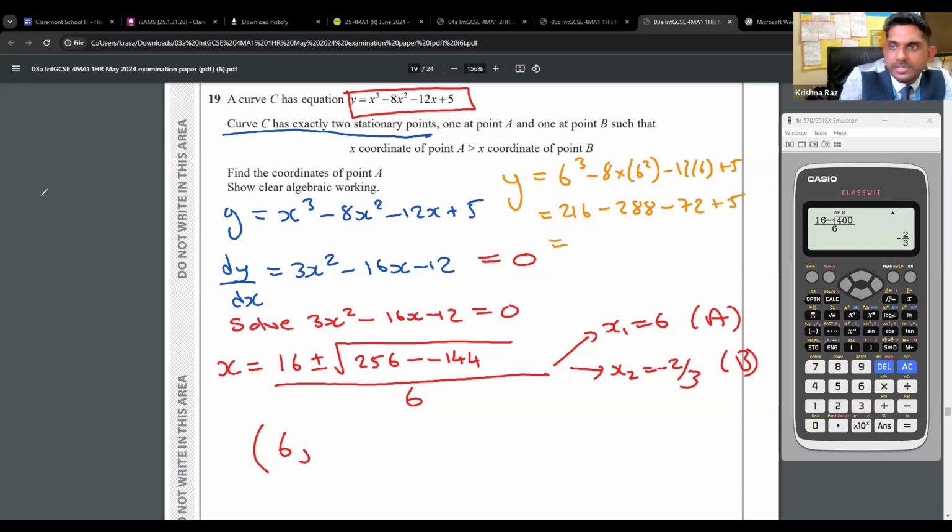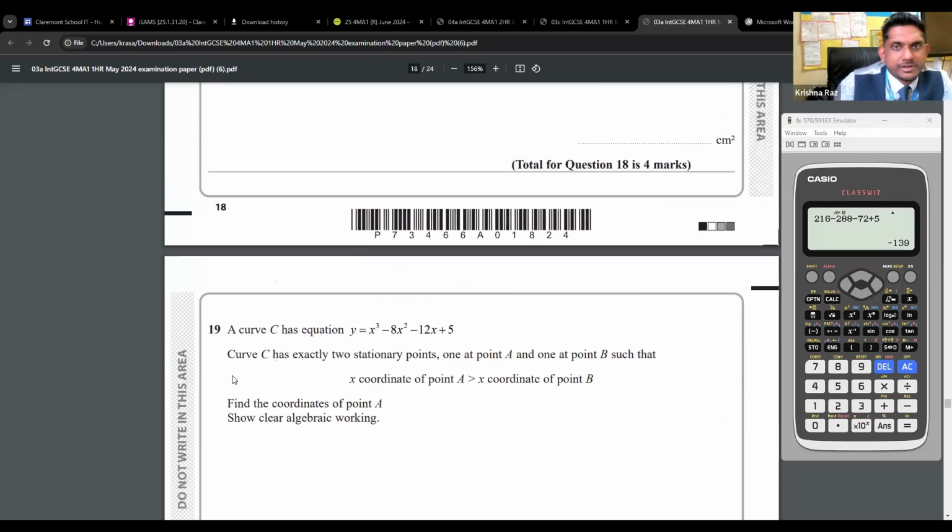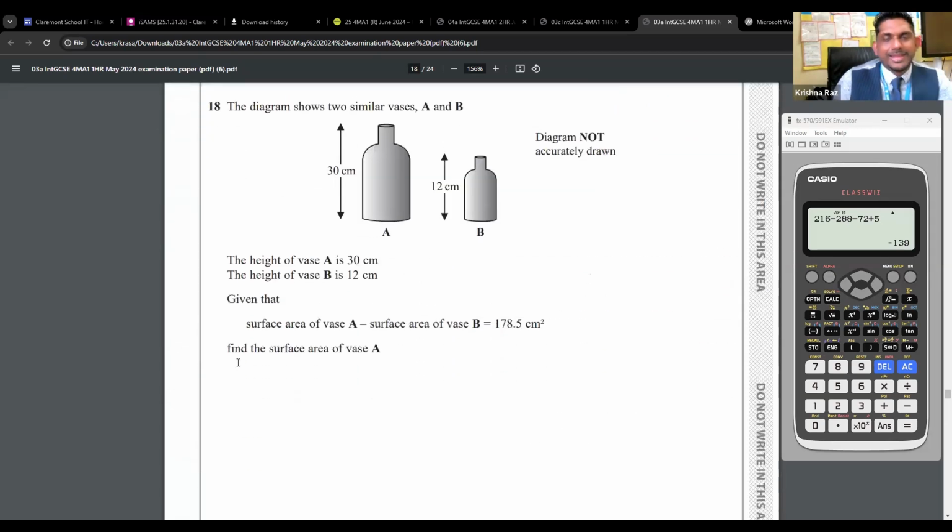So we can just bash that into the calculator. 216 minus 288 minus 72 plus 5. We get minus 139. That's our coordinate of A. All right, and then that's question 19 and 18.